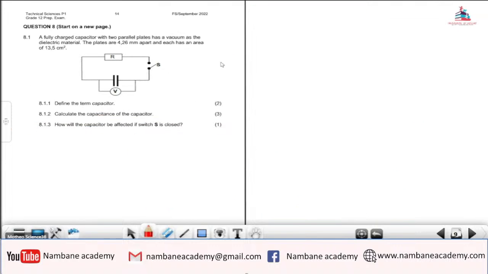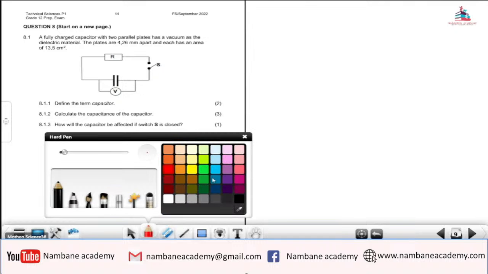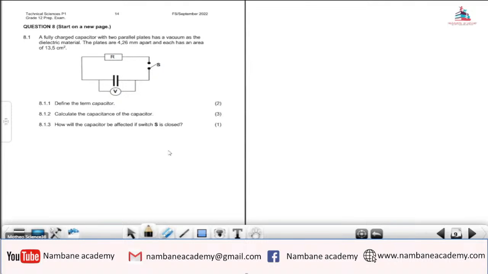The first calculation that we have is the Free State paper of 2022. That is last year. I'm sure by now, because you're studying, you've already looked at the paper, but maybe you haven't got this far. So question 8, around about there, is capacitance, this topic of electrostatics. So let's start. A fully charged capacitor with 2 parallel plates has a vacuum as a dielectric material.